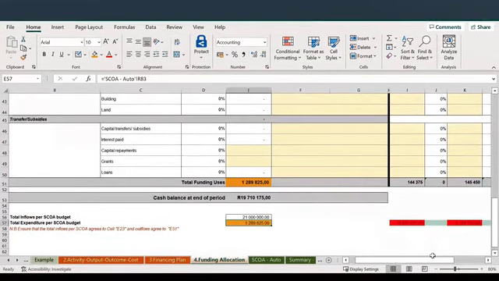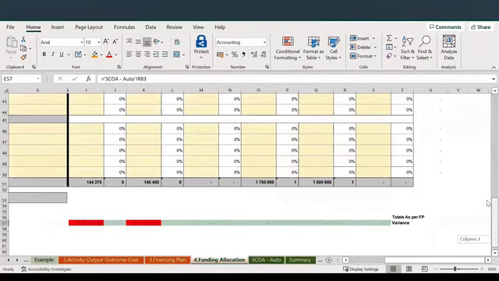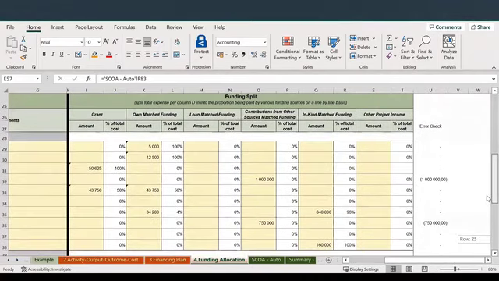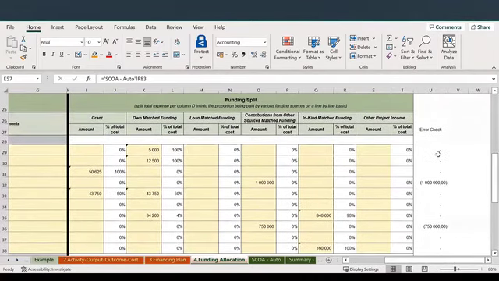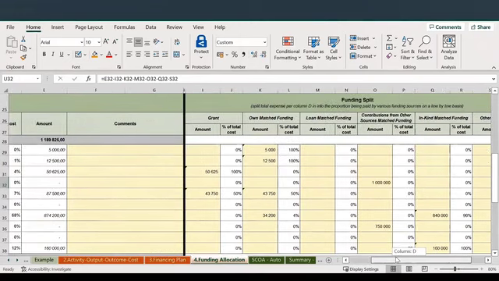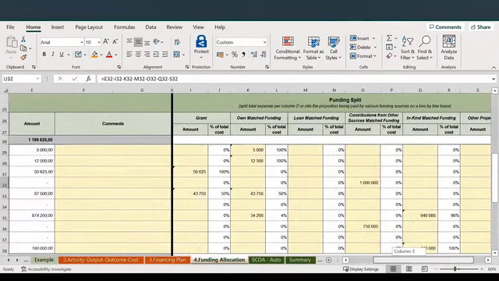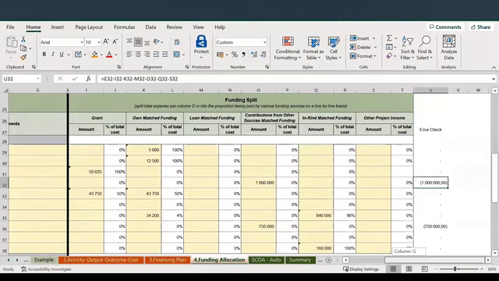We also see that at the far end of the sheet, we have put in checks where it will throw out any errors. So here I have a check where it's pushing out, what is that? A training amount for 1 million.